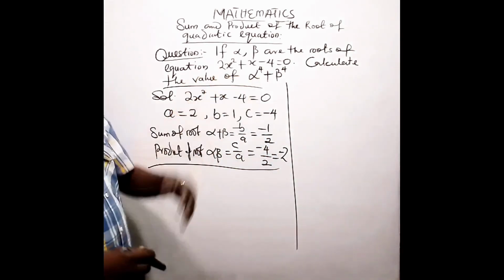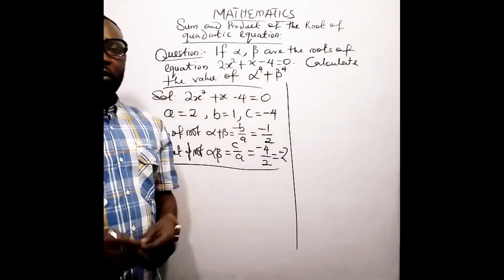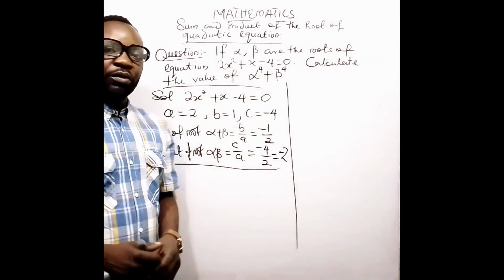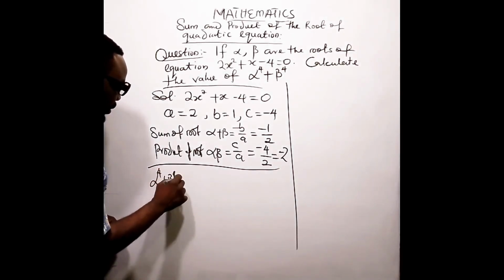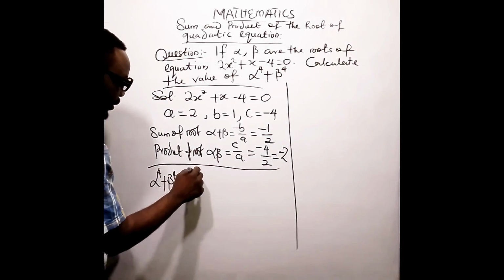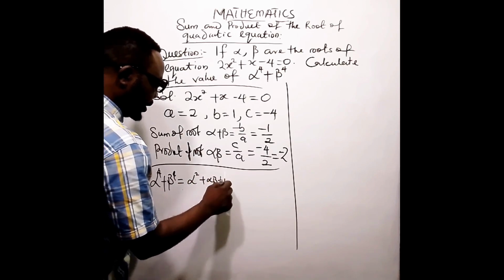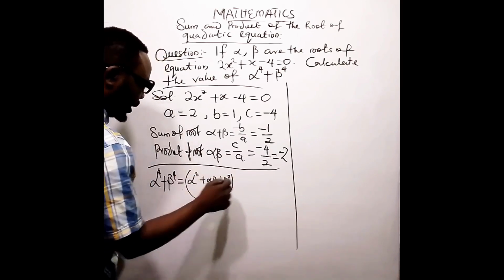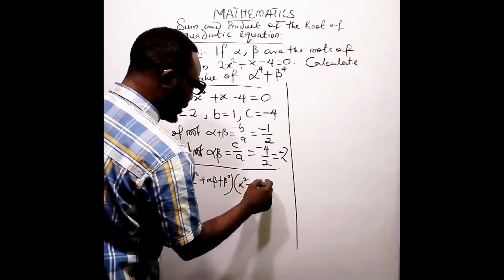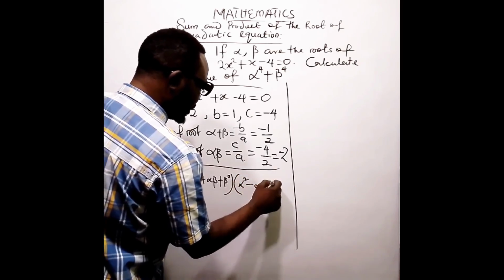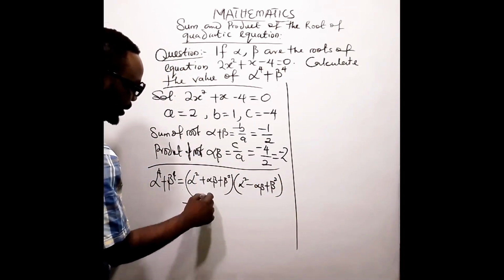Now, we go to the question proper. The question says we should find the value of alpha raised to power 4 plus beta raised to power 4. Alpha raised to power 4 plus beta raised to power 4 will be equal to alpha squared plus alpha beta plus beta squared, in a bracket, then another bracket, alpha squared minus alpha beta plus beta squared, minus alpha squared beta squared.